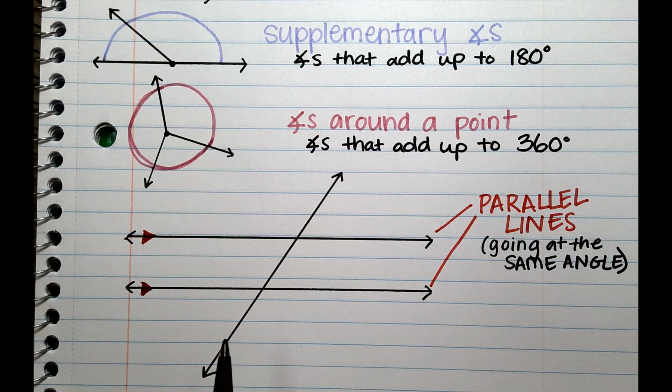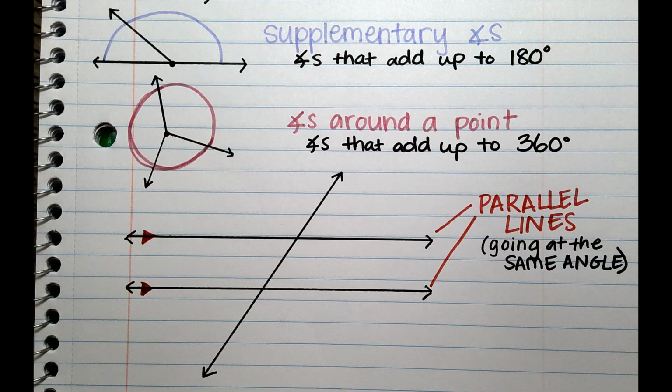We've made some angles, haven't we? Suddenly there are 8 angles on my page with just 3 lines. I've made 8 angles. What are those angles?